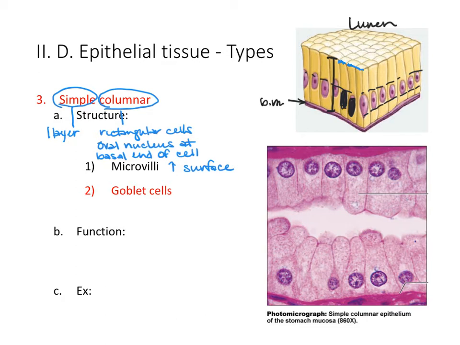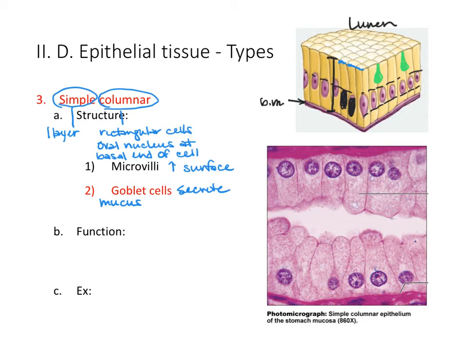The other thing that we sometimes will see are things called goblet cells, and they tend to stick in here in between adjacent cells, and I always think they look kind of teardrop shaped and maybe kind of frothy when you look at them. So goblet cells are going to secrete mucus, and that mucus is going to serve as either lubrication or some kind of protection from abrasion.